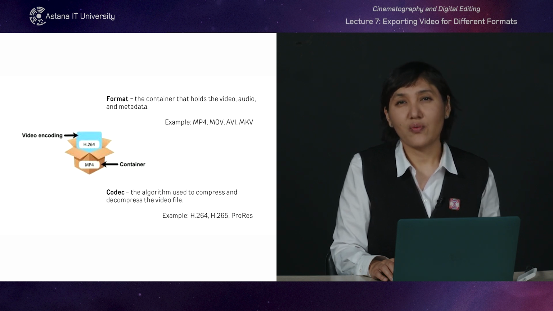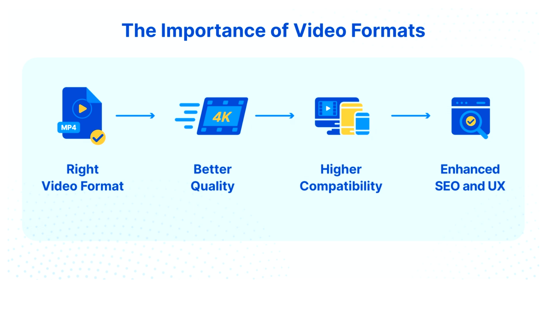ProRes, however, offers less compression and is often used for professional editing and high-end post-production workflows. Choosing the right combination of format and codec will depend on the target platforms and the level of quality you want to maintain.